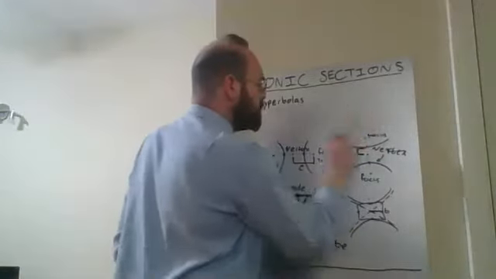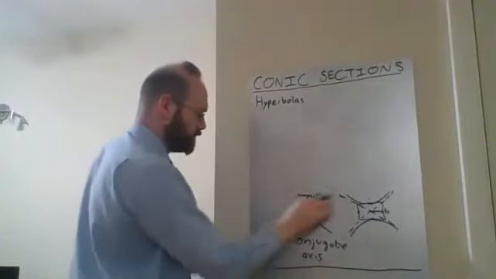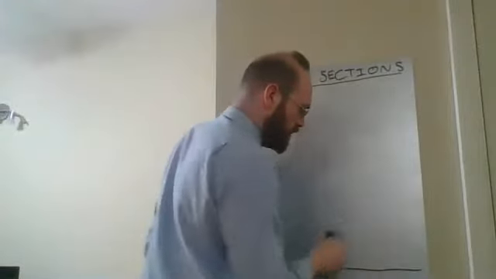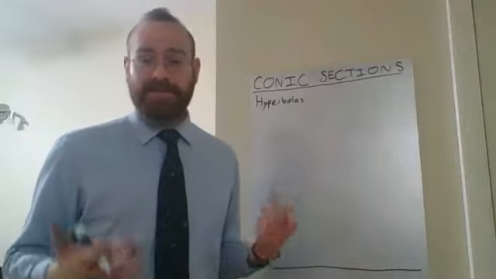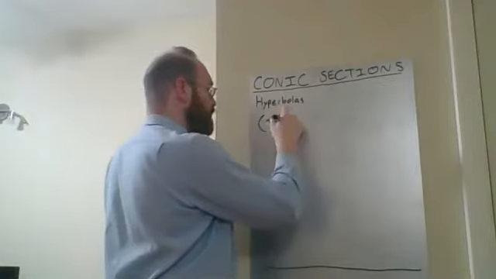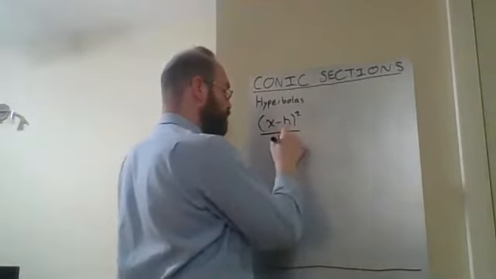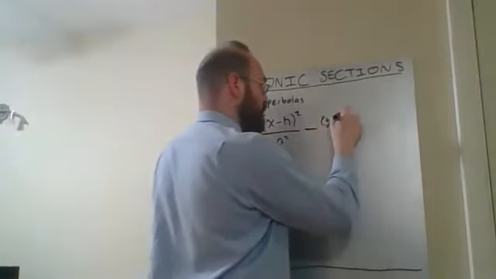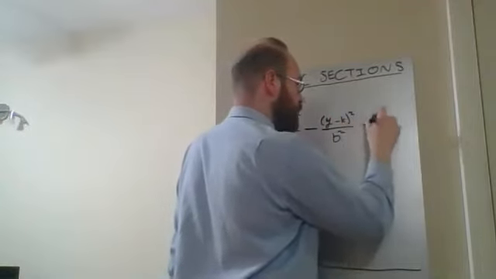The equations for the hyperbola are almost identical to the equation for an ellipse, except for one key difference. Instead of having a plus sign, we're going to have a negative sign. So we'll have (x minus h) squared over a squared minus (y minus k) squared over b squared equals 1.